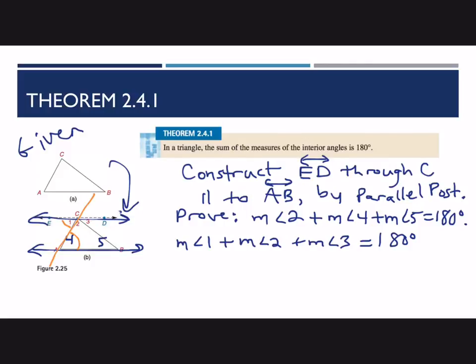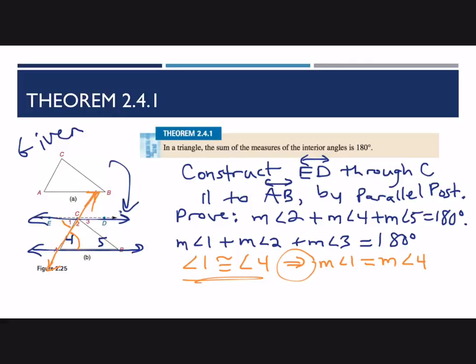Think of AC as the transversal through these parallel lines. Well then 1 and 4 would be alternate interior angles. So we would know that angle 1 is congruent to angle 4, and therefore their measures are equal. And I don't know if we talked about this arrow before, but this means implies, or therefore, or thus.